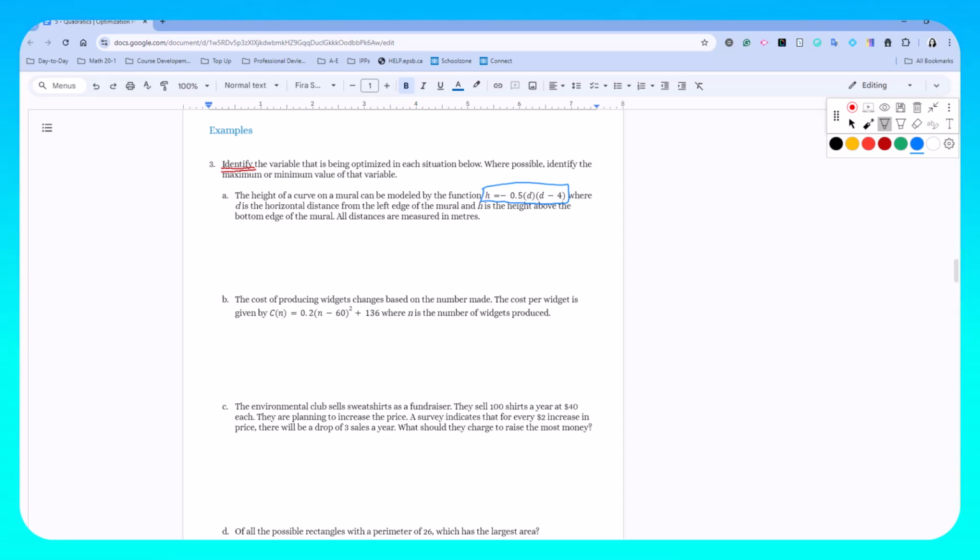So in this case here, we know that we want the maximum, because look what we got here. We got an a less than 0. That means this function is going to be opening down, which means there's going to be a maximum. And the maximum value here is h. So in other words, h is being maximized.